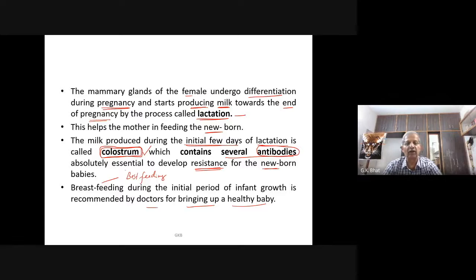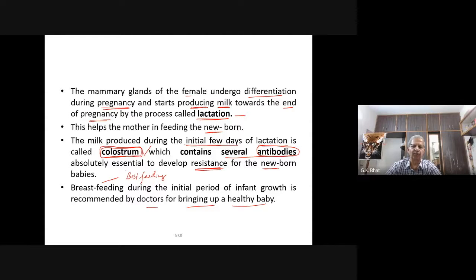There is a demand for that. It is said that the athletes get very good stamina to perform in the competition because of these antibodies present in the breast milk produced in the initial stages of lactation, right?